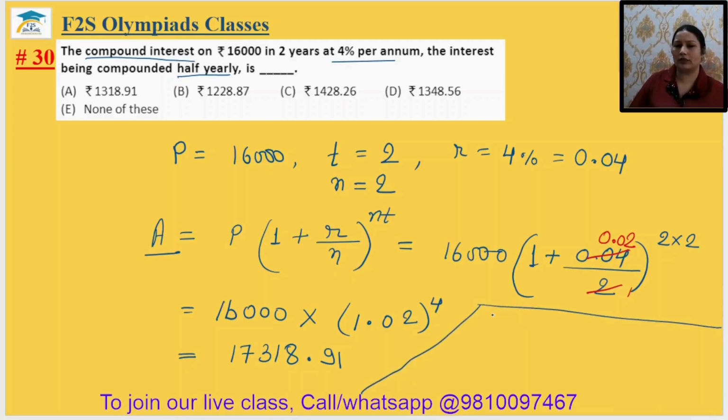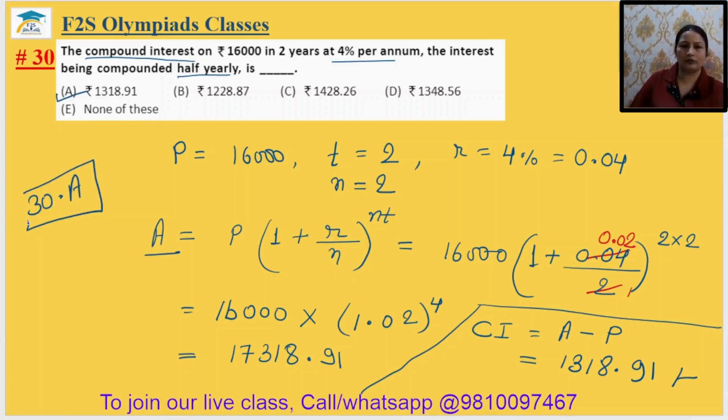Compound interest will be CI equal to amount minus principal. So amount is your 17,318.91 minus 16,000. So you will get 1318.91 rupees. It is in option number A. So the 30th answer will be option A.